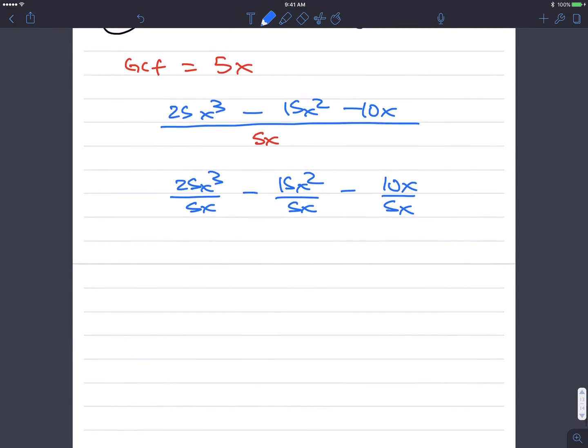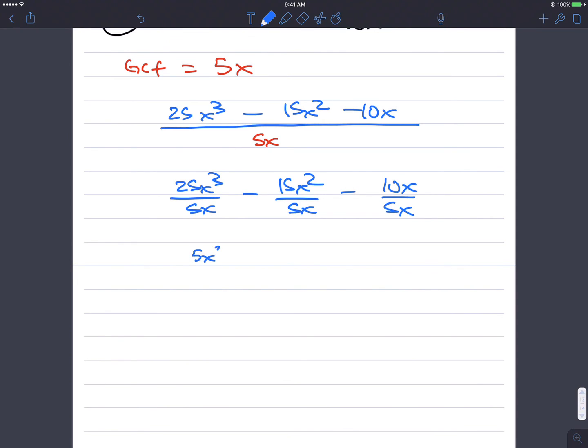Now let's find the quotient. 5x squared minus 3x minus 2. Is that true? All right. So 5x times 5x squared minus 3x minus 2.